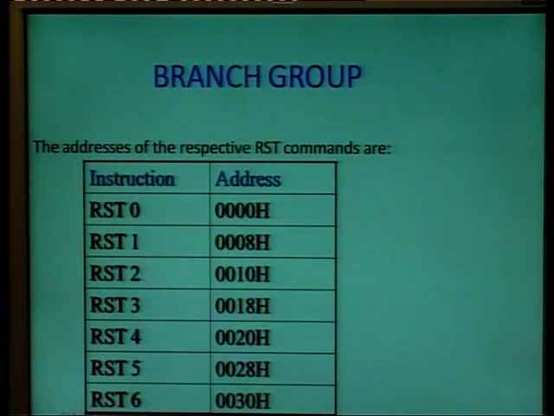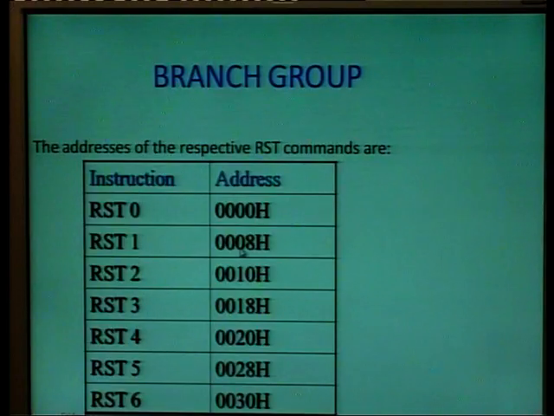And there are various instructions in 8085, RST 0 to RST 7. When any of them is executed, the control of the execution of the 8085 is transferred to the specified address. For RST 0 it will go to the initial location of the memory, that is 0000H.